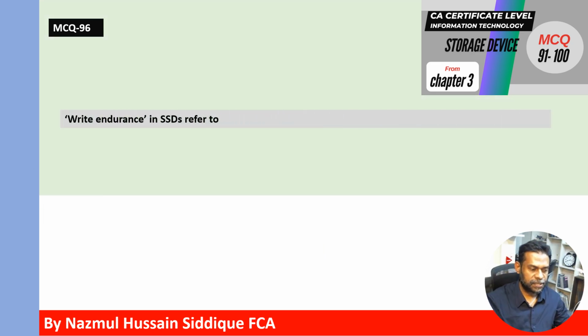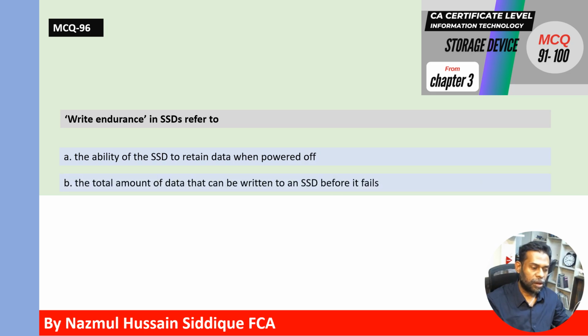Question number 96. Write endurance in SSDs refers to option A, the ability of the SSD to retain data when powered off, or option B, the total amount of data that can be written to an SSD before it fails.